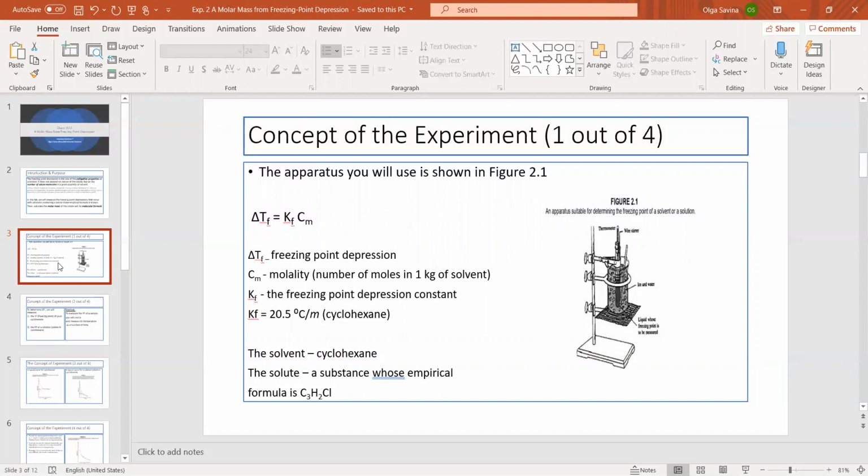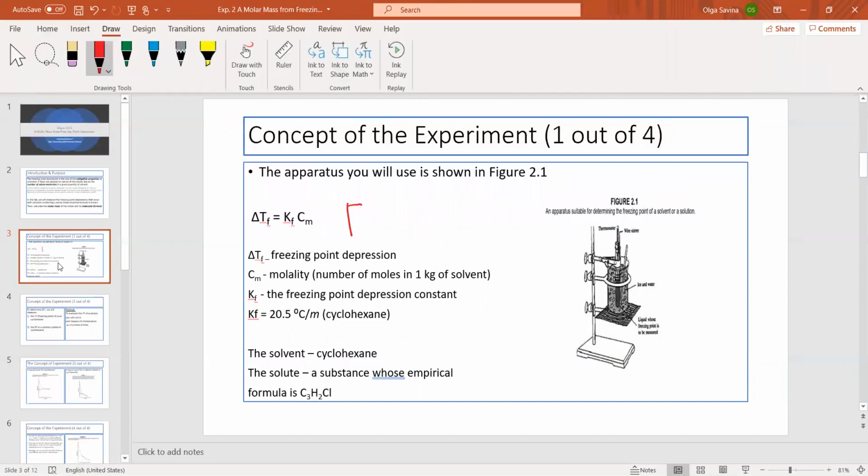So we will use the formula delta T is equal to Kf times Cm. Delta T is the freezing point depression. Basically, this is the difference between the freezing point of the pure solvent minus the freezing point of the solution.